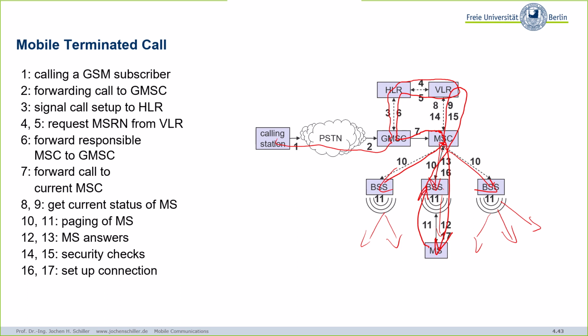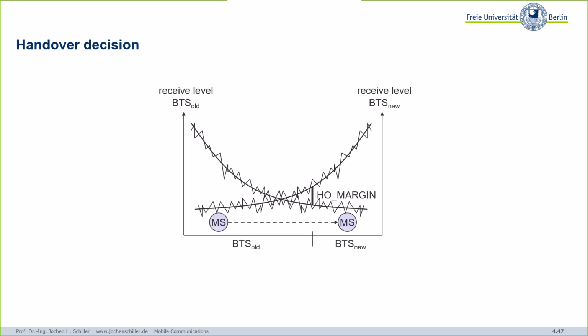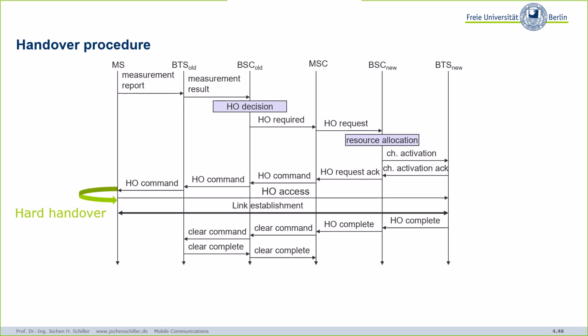And then also the idea of handover, where one signal gets weaker, one stronger, and then at a certain point in time we perform the handover. And this handover was then explained here as a so-called hard handover, because there's a certain point in time where we really switch from one BTS to another BTS.